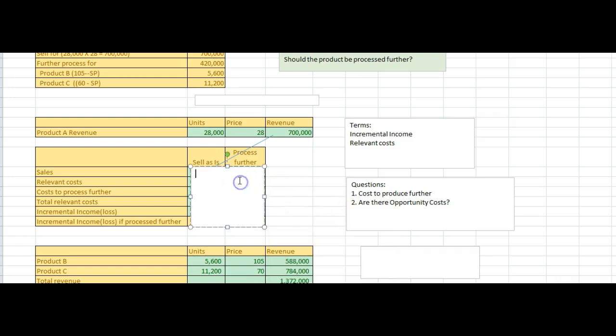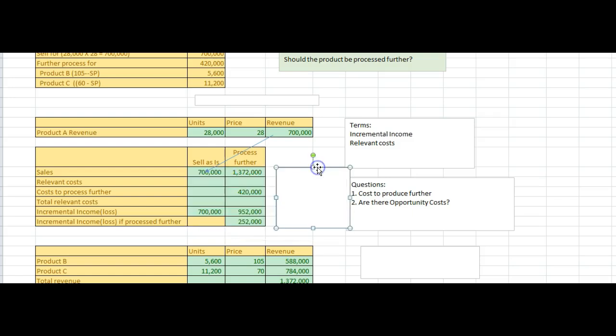So now let's compare and see what we've got going. Okay, if we sell as is, it's $700,000, and that would be the sales we're looking at.